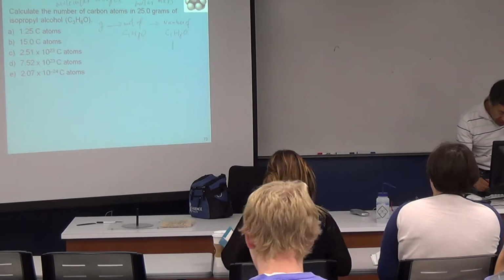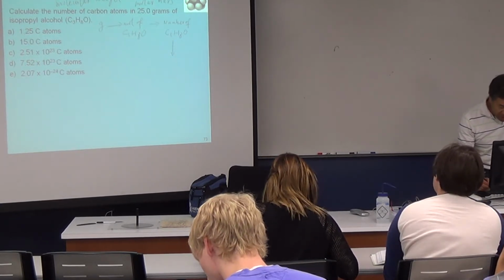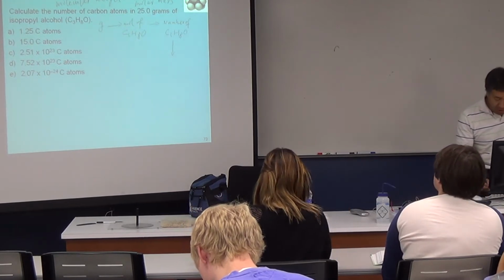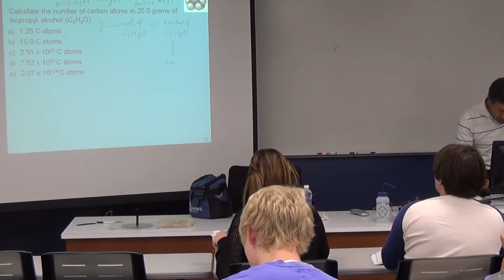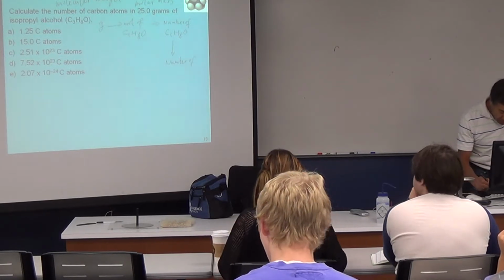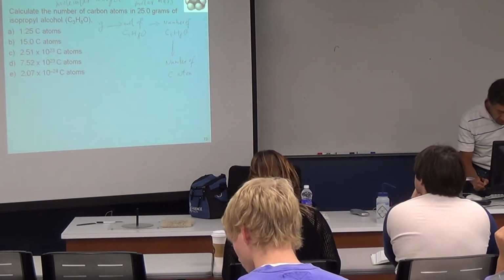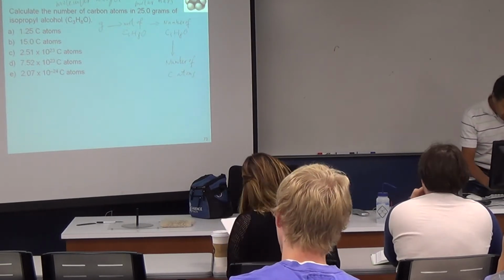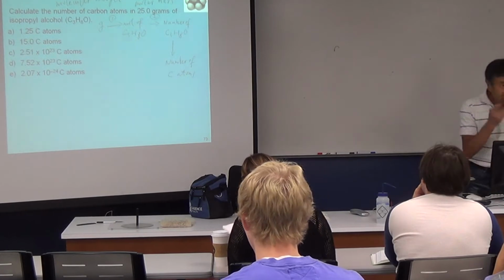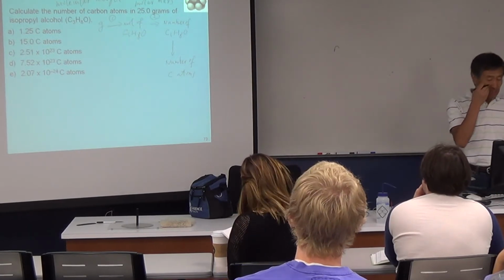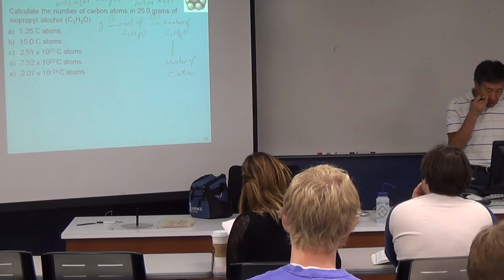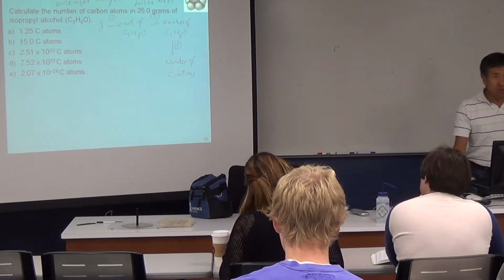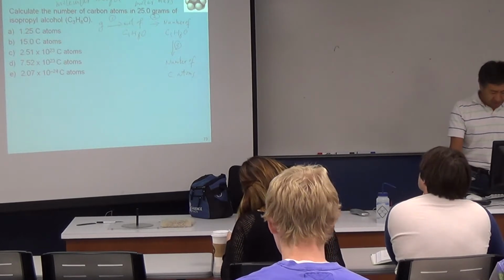So then the question asks you how many carbon atoms. So from the number of C3H8O, you will get the number of C atoms. So the first two steps, step 1 and step 2, are the typical calculation as I said in these few chapters. Then the last step, step 3, is new, what we learned last Thursday.